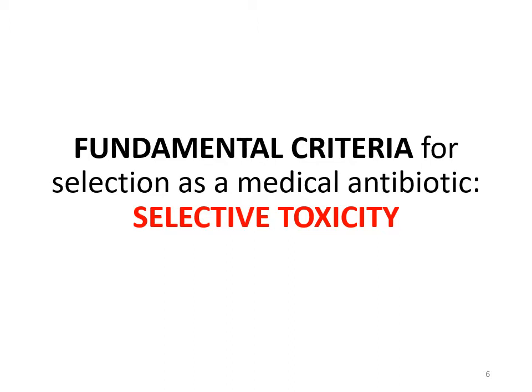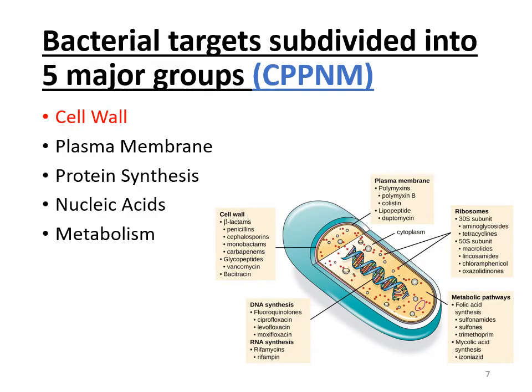When we talk about that, there is one structure you have to remember, and that is the cell wall. Out of all of the groups listed on this slide, or all the groups you can think of in terms of targeting to kill or hurt bacteria, the cell wall is the most selectively toxic.